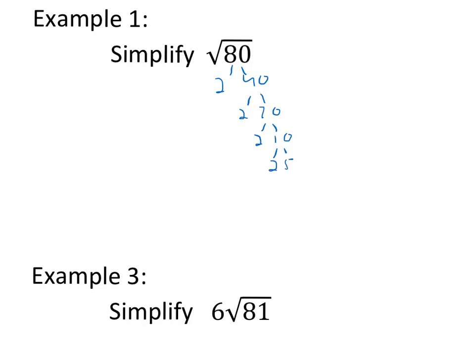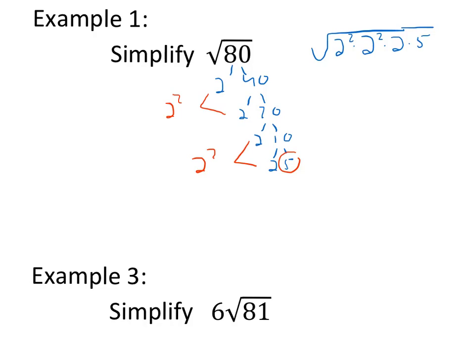Now I'm going to be strategic here, and notice that I have 2 squared with those 2, I have 2 squared with those 2, and then I have a 5 left over. So I'm going to rewrite this as the square root of 2 squared times 2 squared times 2 times 5.